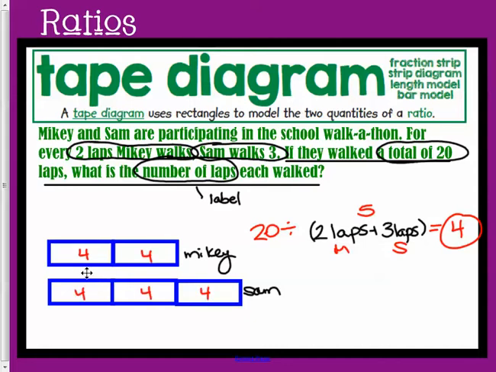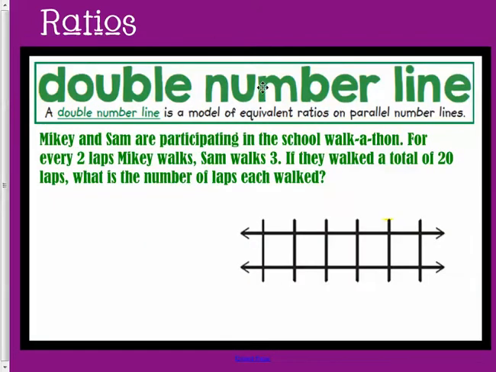So right now I have 2 groups of 4, so Mikey is walking 8, and 3 groups of 4, so Sam is walking 12. And these are the number of laps for each of them. Mikey 8, Sam 12.